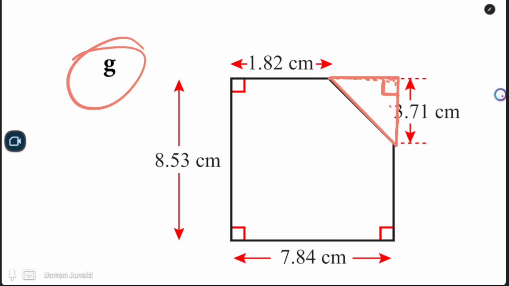Sir, I'm getting 44.54. So what did you do? So I found the area of the whole shape, which is 7.84 times 8.53. Yep. Then I found the area of the smaller shape, which is going to be 1.82 minus 7.84.